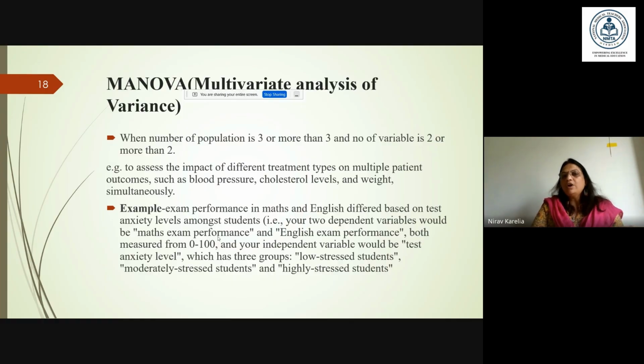Okay. So here you have two or more than two dependent variables and the population is 3 or more than 3, then you apply the multivariate MANOVA. There is no role of ANOVA. You have to consider the MANOVA because your variables are 2 or more than 2.